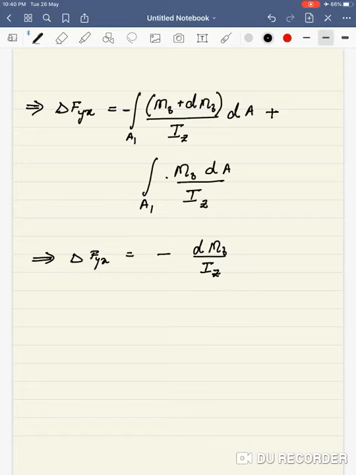I can take Iz out as well, and then you have y dA integrated over A1. I have made a small error, there's a y missing here. Please put that in.